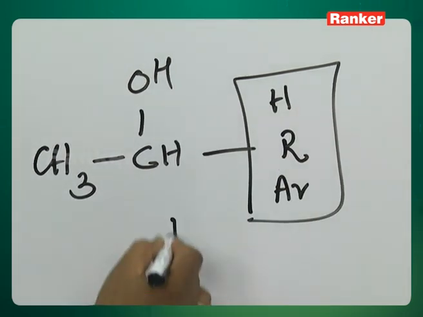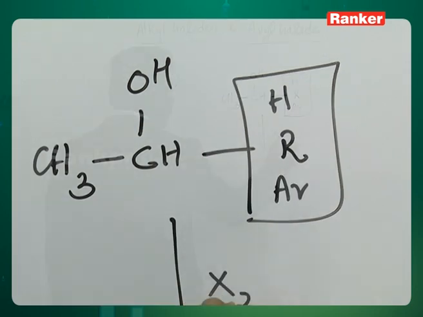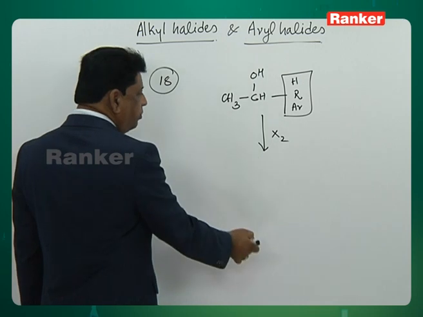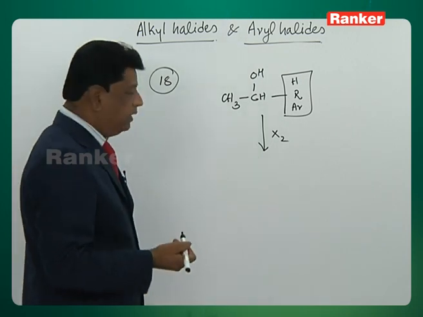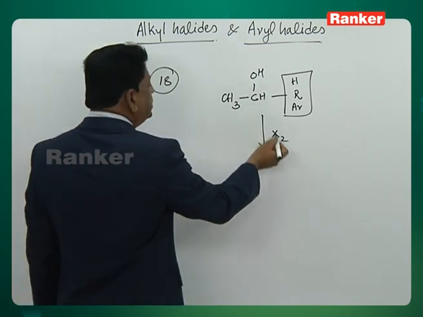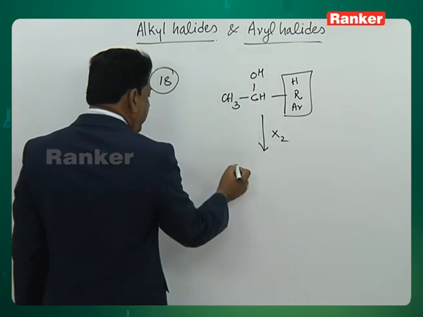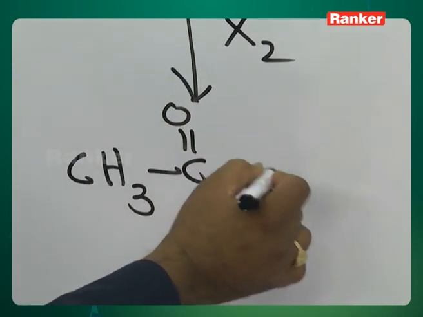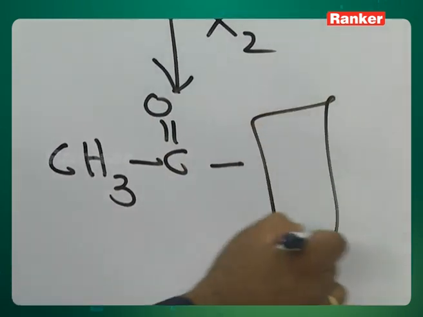All these alcohols, when you treat them with X2, where X can be chloro, bromo, iodo, in the case of iodine you will get a yellow precipitate, otherwise the precipitate cannot be formed. So here with X2, this H and H will be removed and they are converted into ketones containing the same type of option.